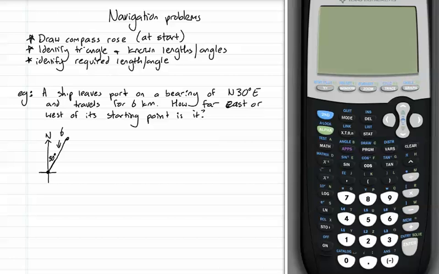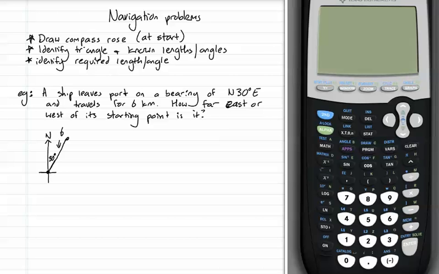Once you've drawn the trip and the bearing, you will need to work out where the triangle is. Now, when we've got these questions where they say how far east or west of the starting point did it end up, or how far north or south, that's usually a really good indication that we'll have a right-angled triangle, and there's two spaces in here that I can draw a right-angled triangle.